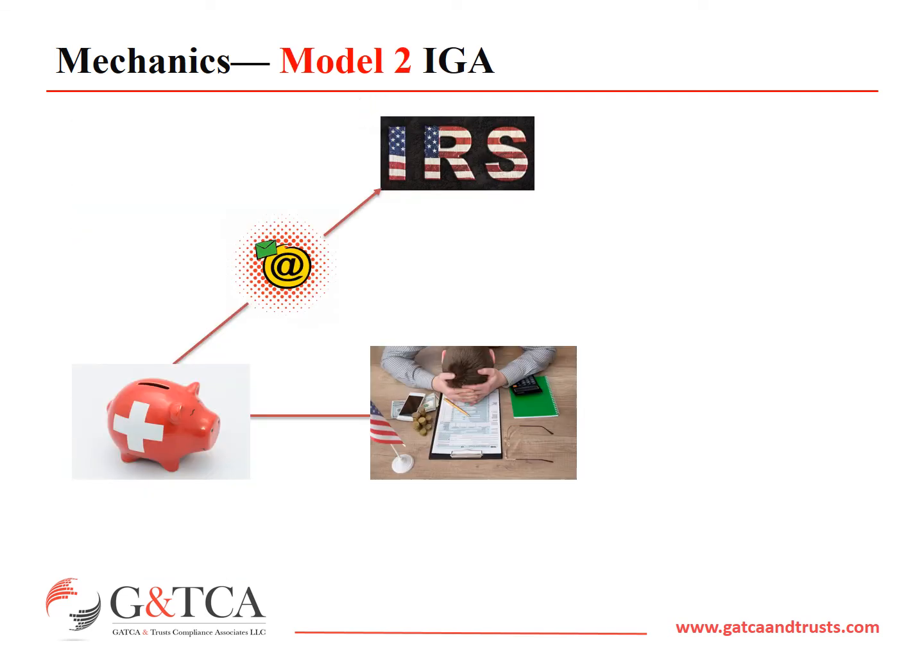The mechanics of a Model 2 IGA are similar to the mechanics under the FATCA statute and regulations. Here we've depicted a Swiss bank. Currently, Switzerland has a Model 2 IGA, although it is in the process of moving to a Model 1 IGA. Under a Model 2 IGA, just like under the US FATCA regulations and statute, FFIs report their US account holders directly to the IRS. They do not report to their local home country government.